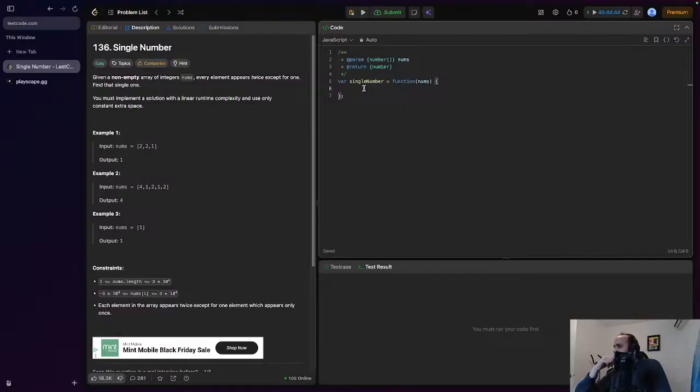Alright, I'm thinking about some creations. How do you use XOR to solve this? I mean, it's saying to do it in linear.